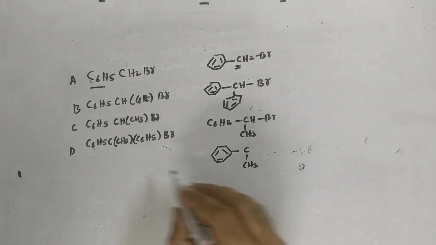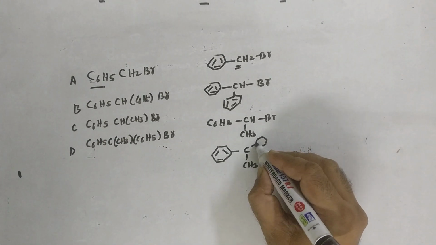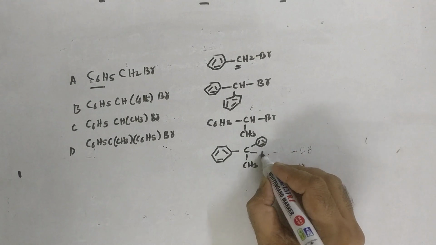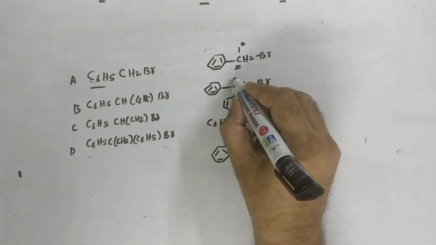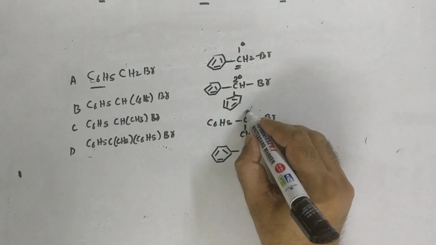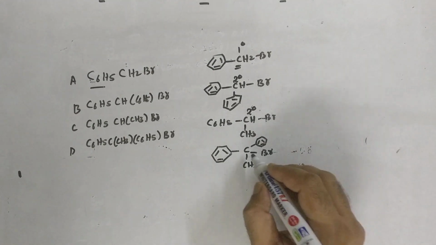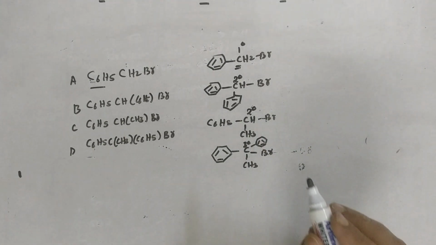So this is benzene, C6H5, another benzene, two benzene rings, and the Br. You can see this one is primary, this one is your secondary, this one is again secondary, this one is nothing but your tertiary.